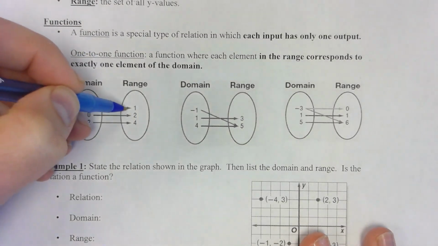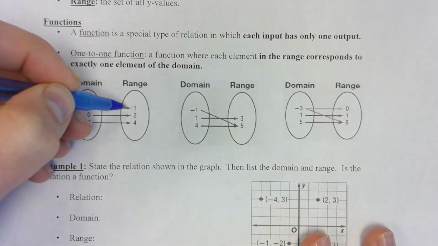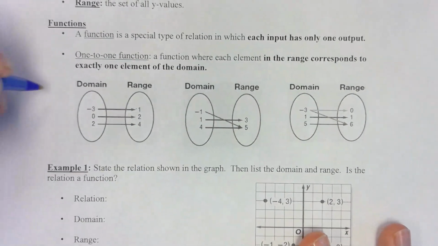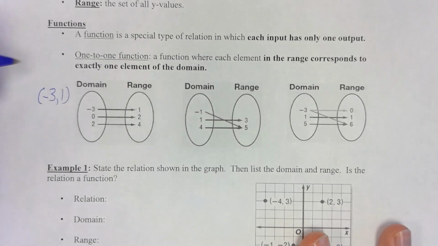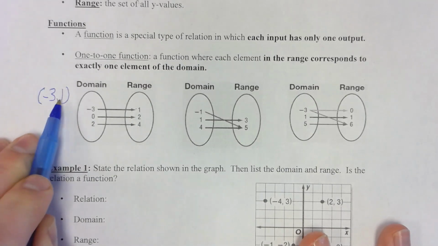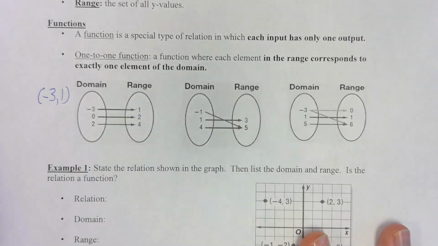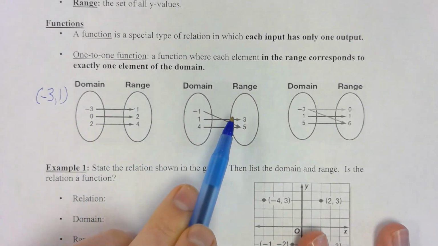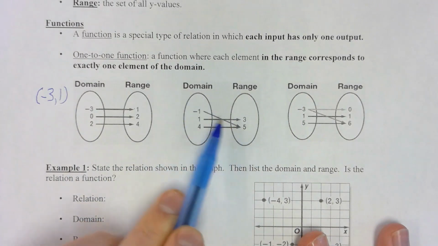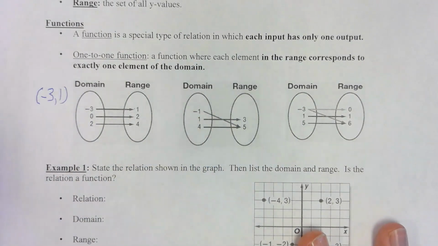Since there's a line from here to here, it means that these two things go together. Another way of saying that is that I have a point (-3, 1). I have an x value that's -3. I have a y value that's 1. This is just a different way of representing that. Why do we like to represent that? Because we see when things converge in this way.